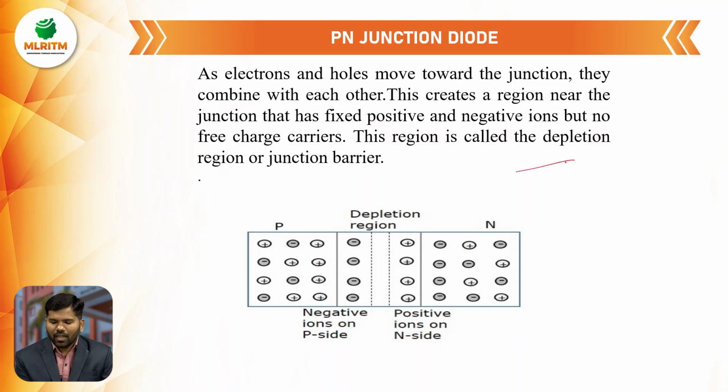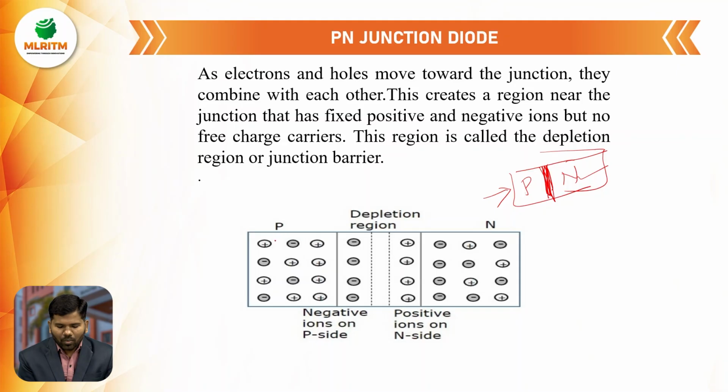Here I am joining p-type and n-type semiconductor material, and a junction is created between them. Some of the holes move towards the junction and combine with electrons. This creates a region near the junction with fixed positive and negative ions but no free charge carriers. This region is called the depletion region or junction barrier.